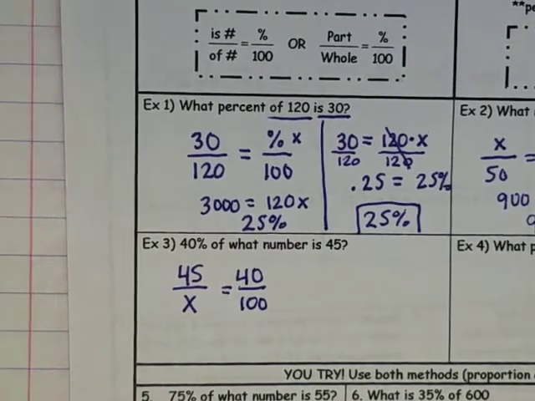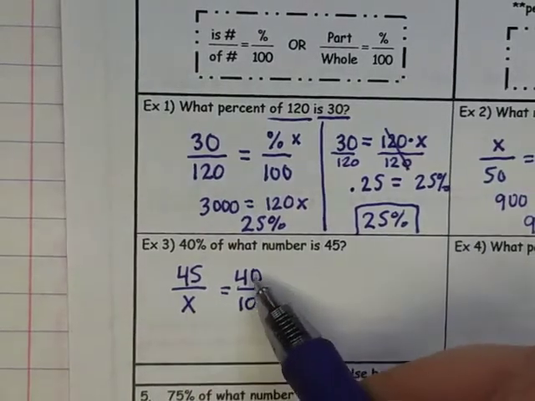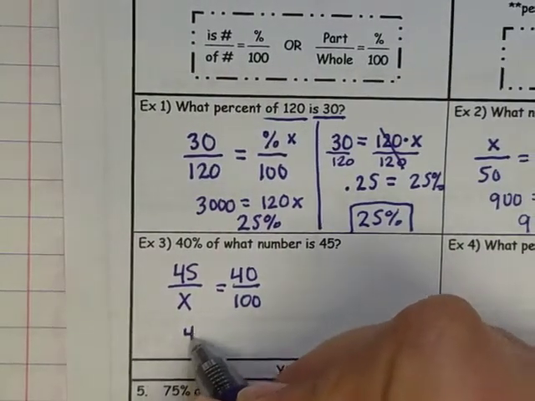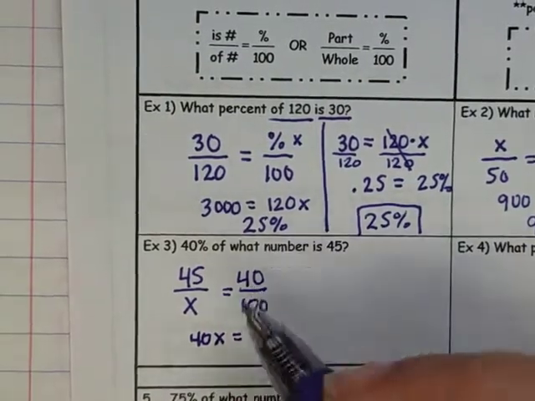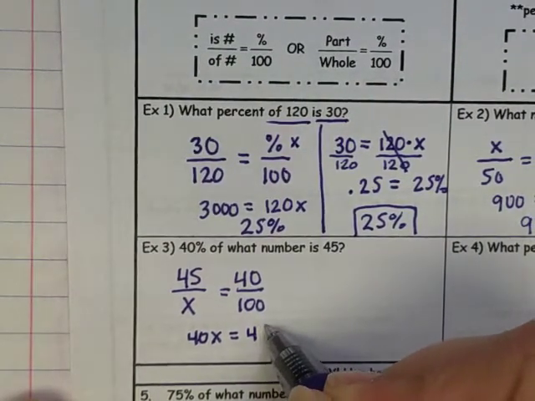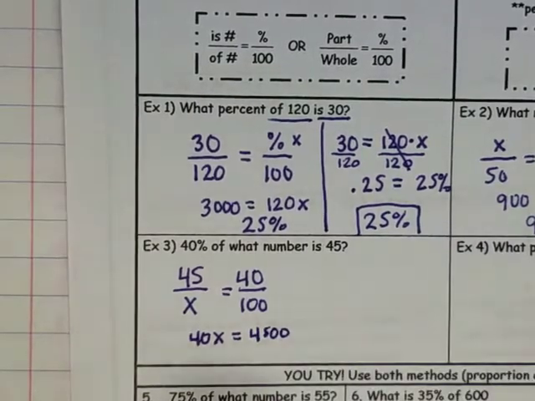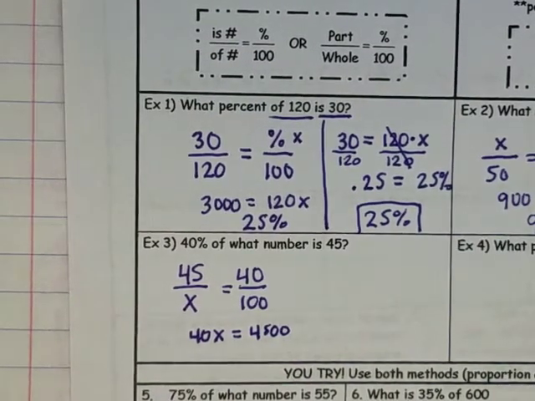And there's our proportion. All we have to do is just cross multiply and solve. So x times 40 is 40x. 45 times 100 is 4,500. And then divide both sides by 40.